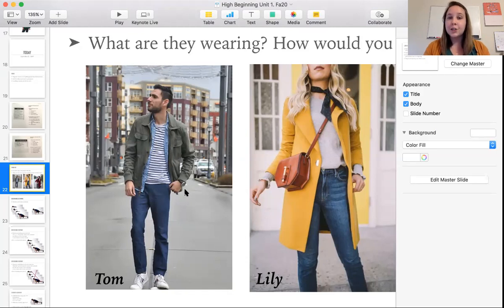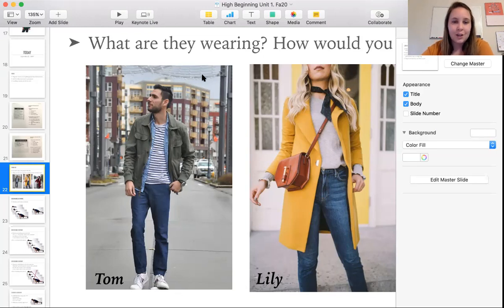So we would say it is a short green jacket. What about his shirt? Good. It is blue and white or black and white, something. And then what pattern is it? What is that pattern? Good. It is striped. So it is a black and white striped shirt.